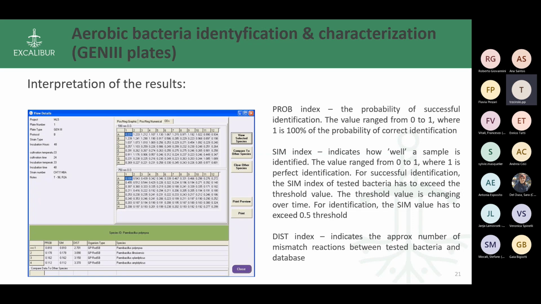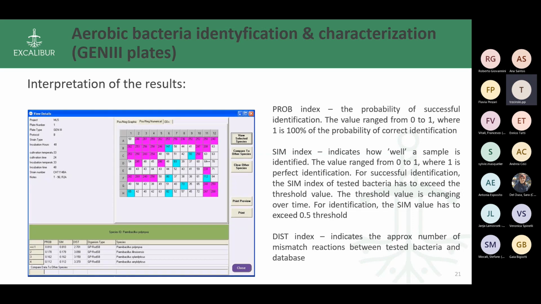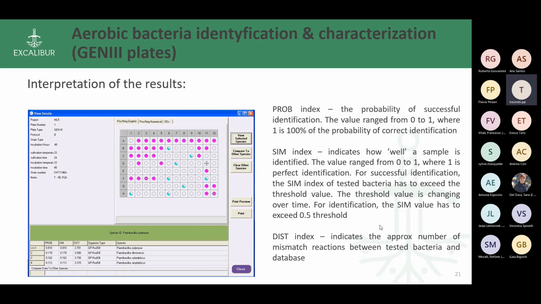The minimal threshold for species identification is 0.5. Distance is another index, which is calculated on the basis of mismatch reactions.